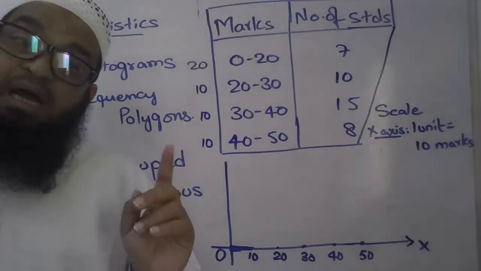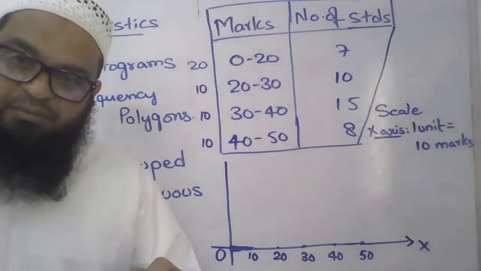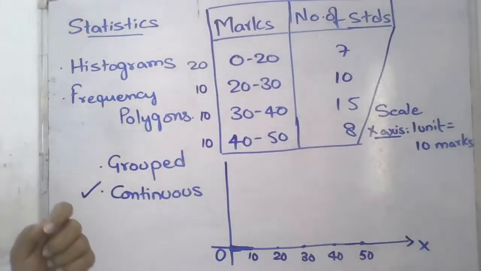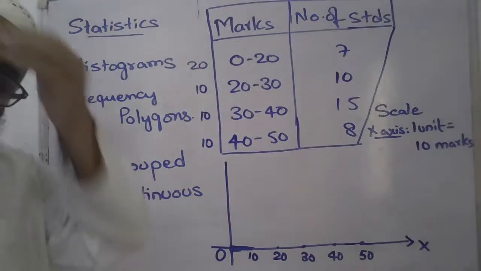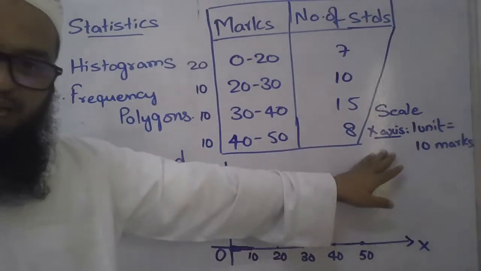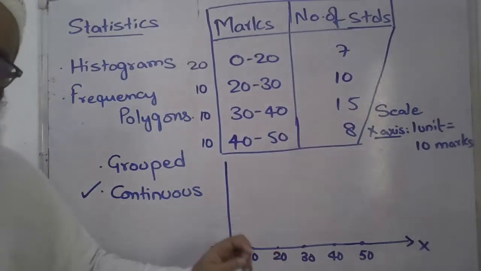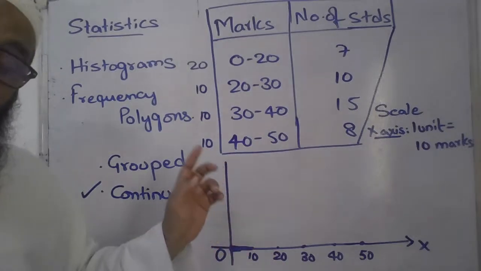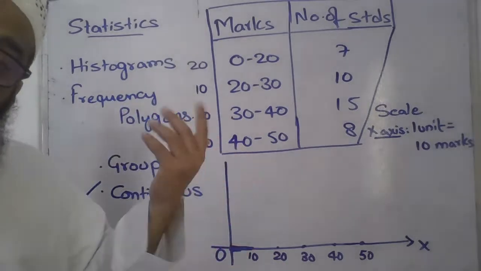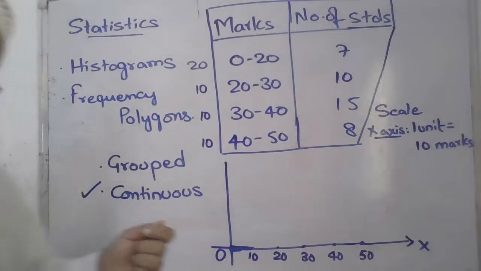If you don't write it, half marks will be deducted. So please don't forget. First, don't go to draw the graph directly. First you take the scale. Understood? Do it slowly. You will have ample time because it may carry 3, 4 or 5 marks. So very, very important, my dear students.